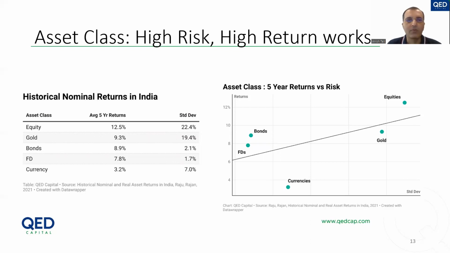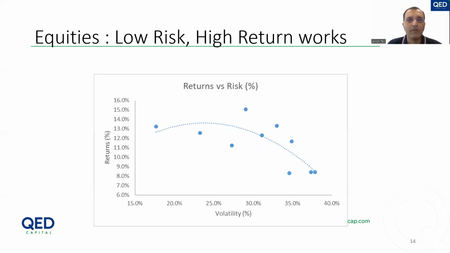Not in the case of crypto, but at least established asset classes. However, when we look at this relationship intra-asset, that is within equities, it does not work. In fact, it completely goes the other way around. It's not even a flat or linear relationship. It's like the complete opposite. High volatility is going to give you lower returns, and low volatility is going to give you higher returns. So that's where we stopped.